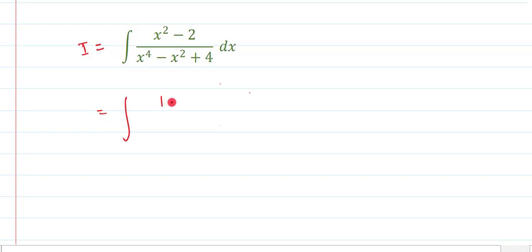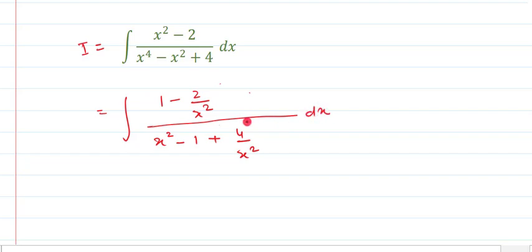We are getting (1 minus 2 upon x square) upon (x square minus 1 plus 4 upon x square) dx. Here there is no need to do anything, because we already have the square relation between these two, meaning the square of 2 is 4, that we are already having with us.